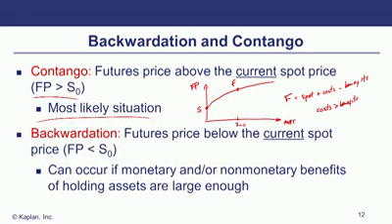Now, the other side of the coin is a situation known as backwardation. Okay, we don't have too much space on this slide, so let's open up a whiteboard and have a look at what backwardation may look like.